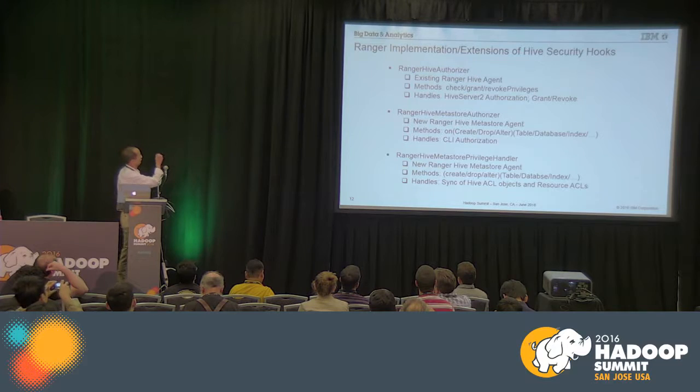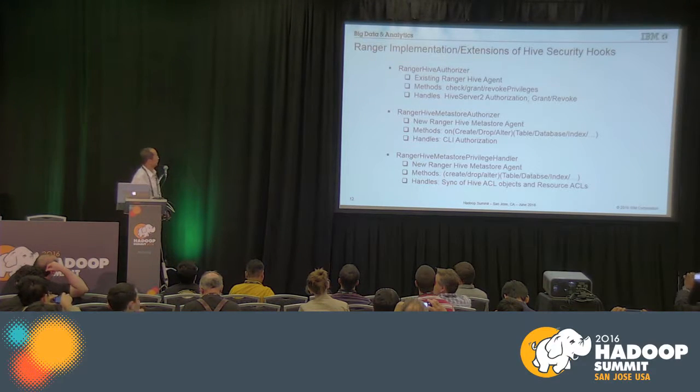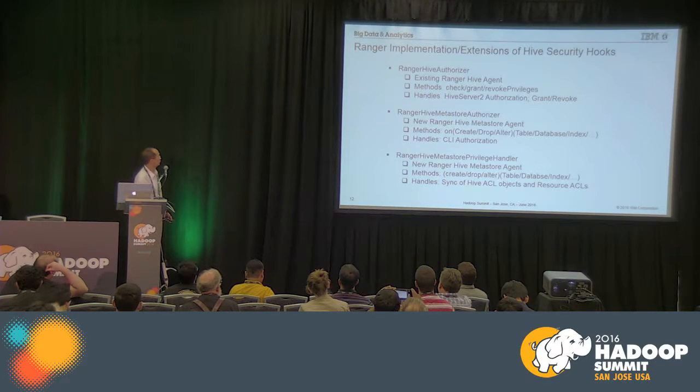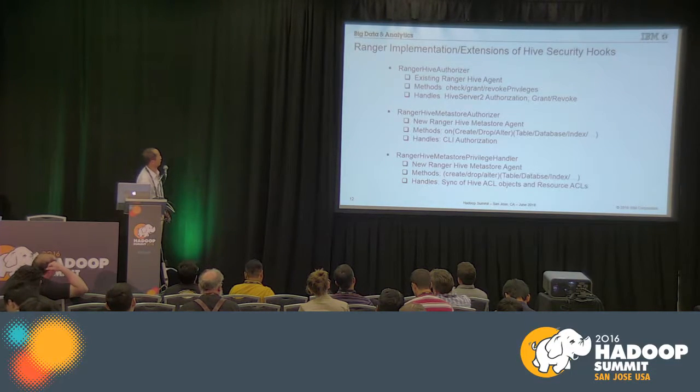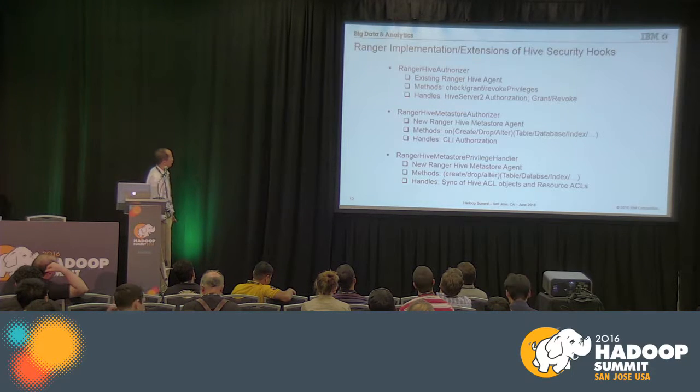So this is a little bit more details about the implementations. The first, Ranger Hive authorizer, is the existing implementation of the first Hive security API. It handles the Hive Server 2 authorization and grant and revoke SQL calls. The next two are the new Metastore-related security agents from us.